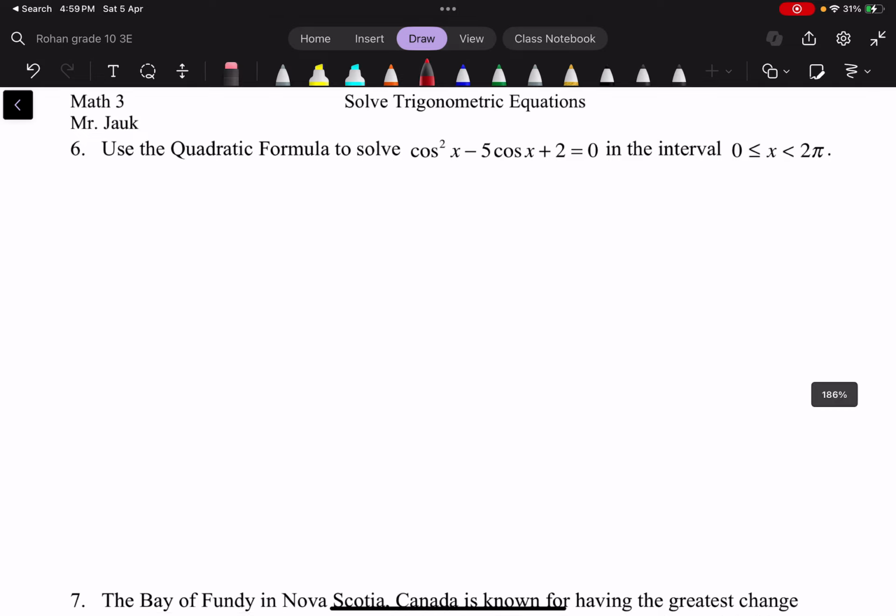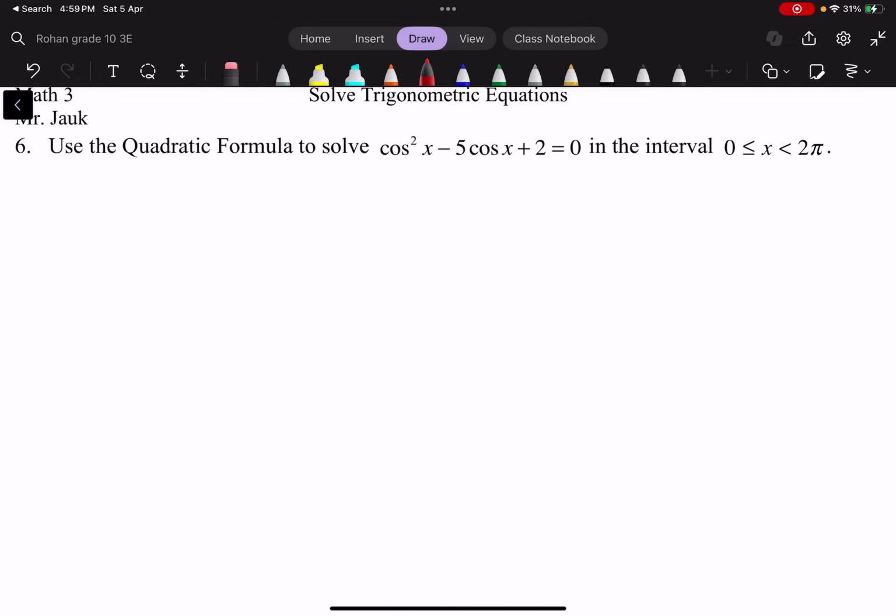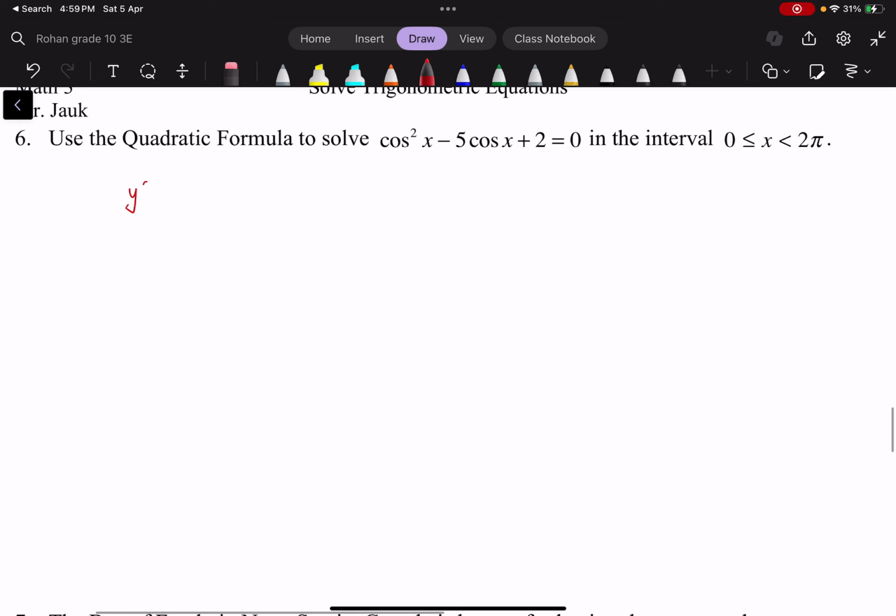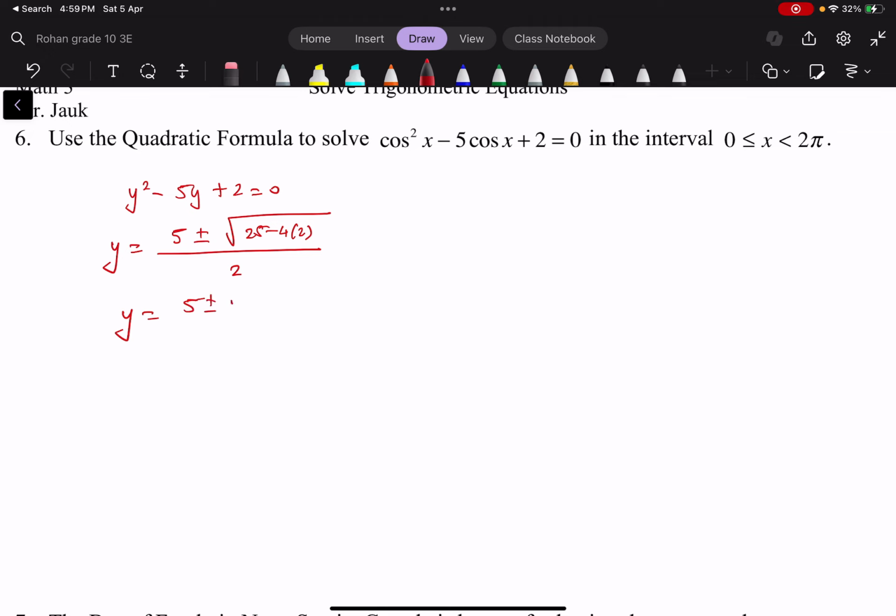Use the quadratic formula to solve this in this interval. So y squared minus 5y, and the formula is minus b plus or minus root b squared minus 4ac, upon 2a. It becomes annoying, but it's not difficult. 25 minus 8 is 17, upon 2, since 2a is 2. So your cos x is 5 plus root 17 over 2, or cos x is 5 minus square root of 17 over 2.